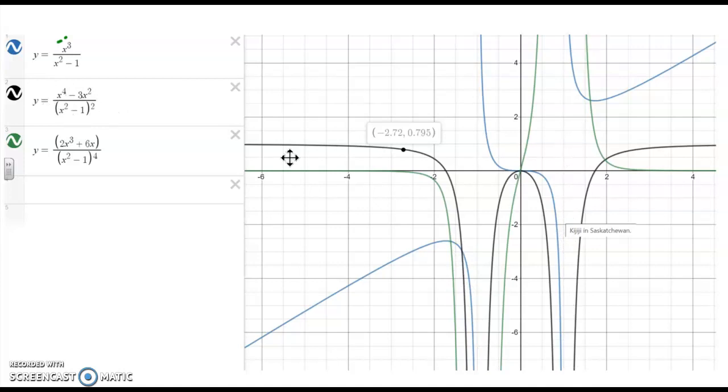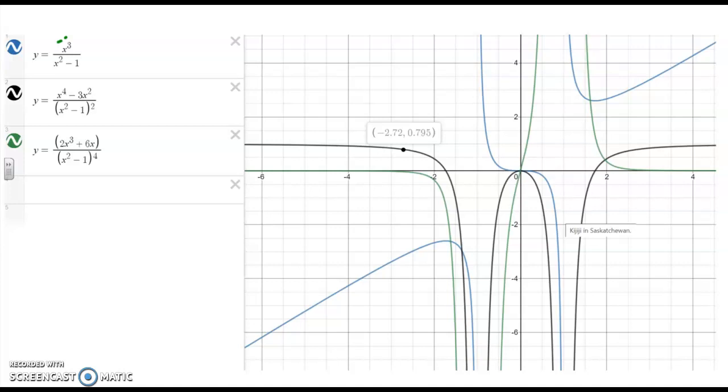The first derivative here is the black, and you can see that where the blue lines are increasing, the black lines are positive, and vice versa. The third line, which we're looking at now, the second derivative, is green, and you can see where the original function is concave down, the green lines will be negative, and same vice versa.